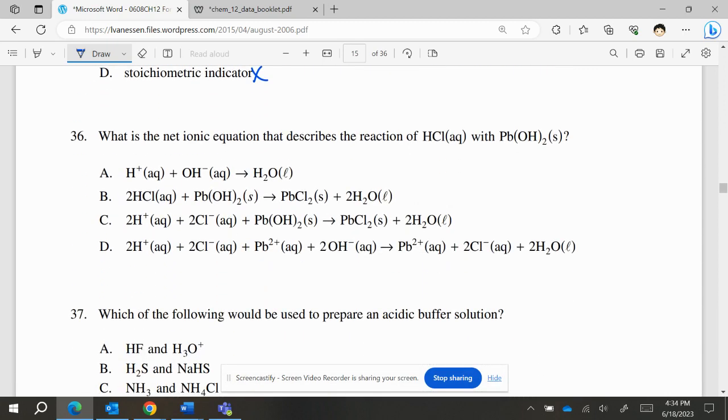What is the net ionic equation that describes the reaction of HCl and Pb(OH)2? So for this one right here, we have a monoprotic acid, okay, and we have two OHs right here.